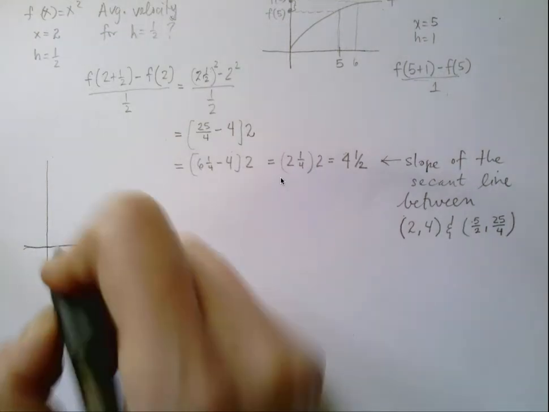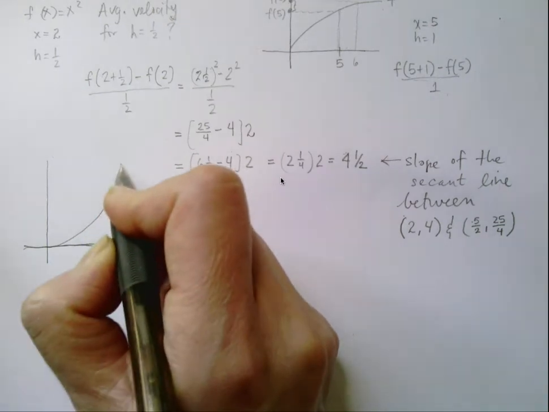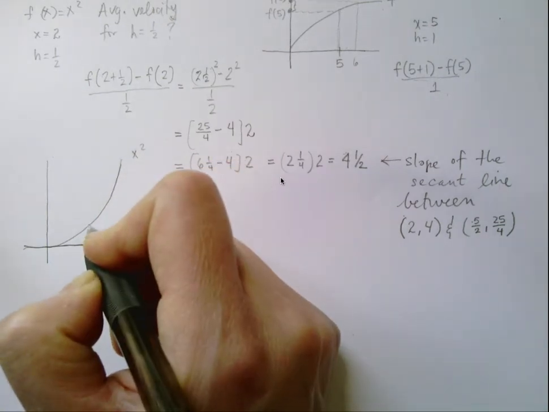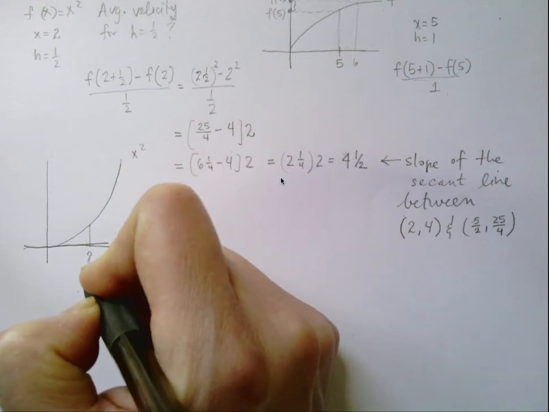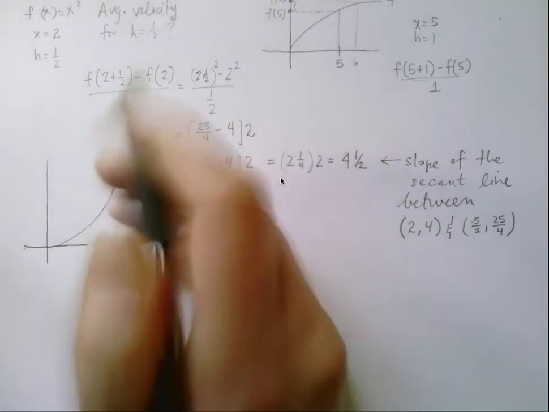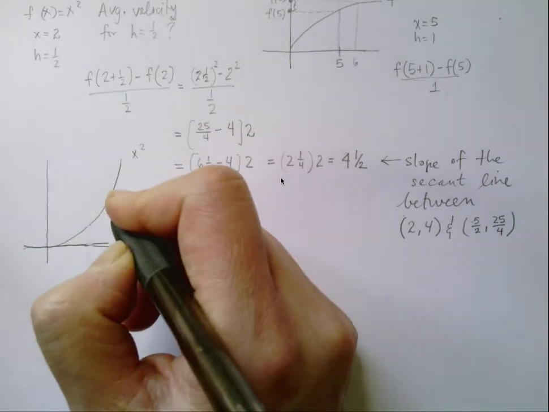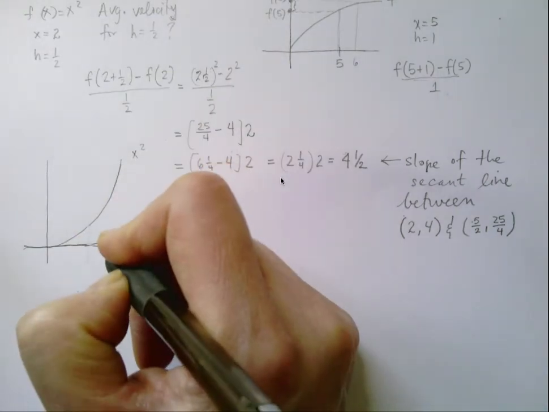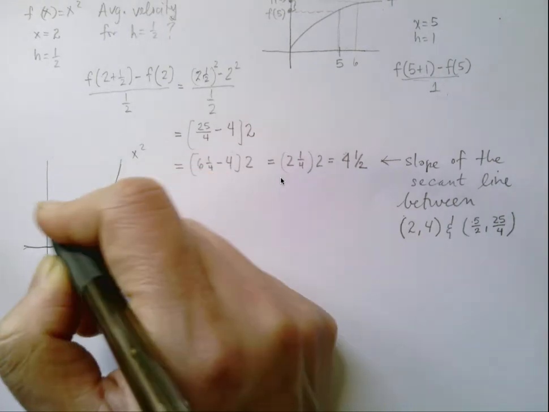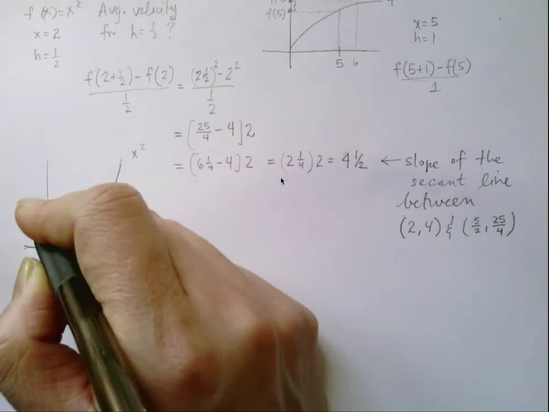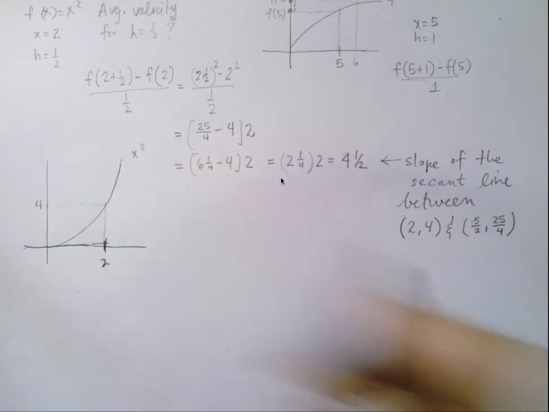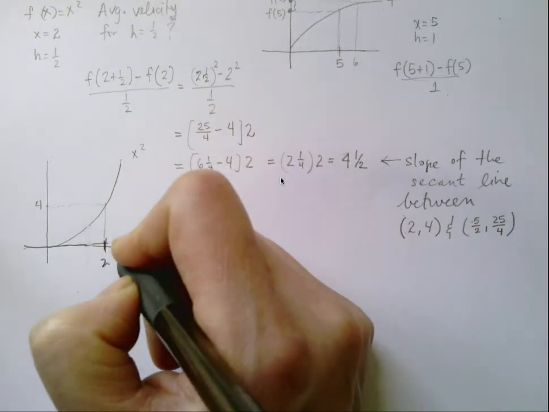All right, so here's my x squared function. I'll make my 2 maybe here. This isn't drawn well to scale, but it doesn't matter. So here's my point 2. Here's 5 halves, 2.5.